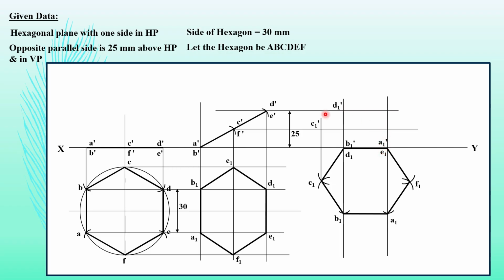E is on this vertical line, here it is on the same locus, this becomes intersection point E1 dash. F is on this vertical line and on this horizontal line in the middle, this becomes F1 dash. Joining these points in sequence, and you have obtained the final front view of the given question.